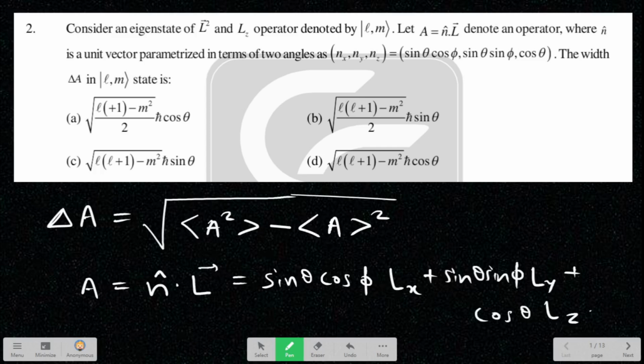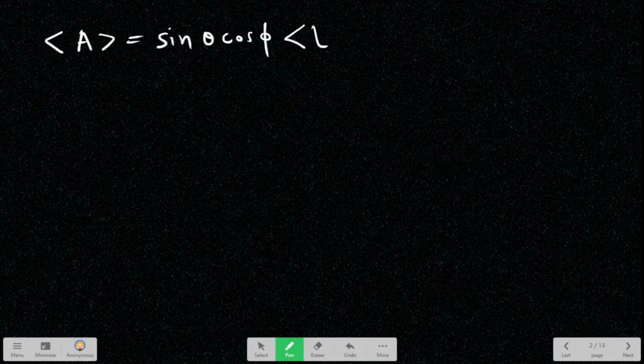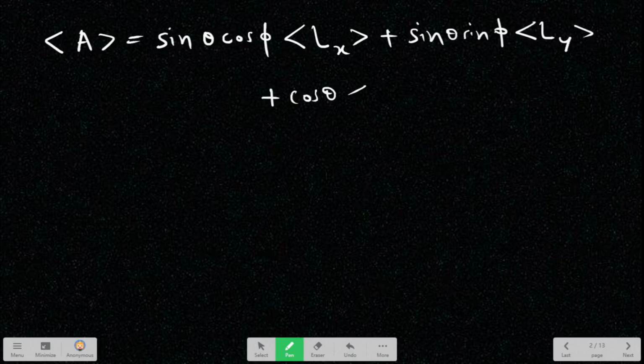Now expectation value of A is equal to sin theta cos phi expectation value of Lx plus sin theta sin phi expectation value of Ly plus cos theta expectation value of Lz.